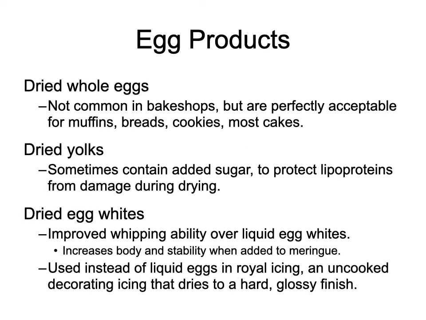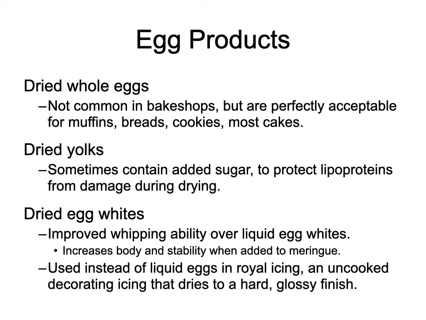There are dried eggs. We don't use them much, but they are still available. And dried yolks, sometimes with added sugar. So they are also available, though not very widely used. And then dried egg whites.